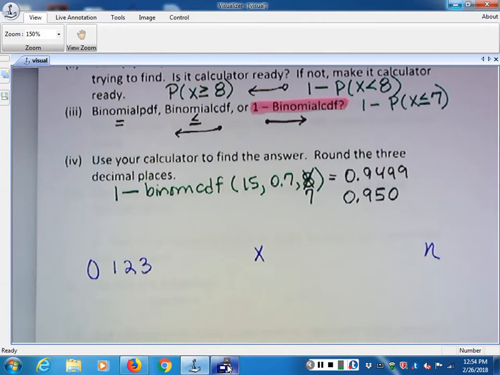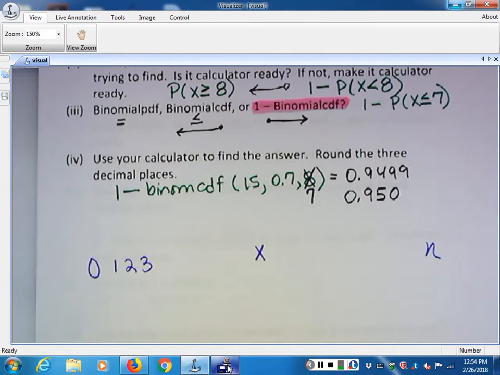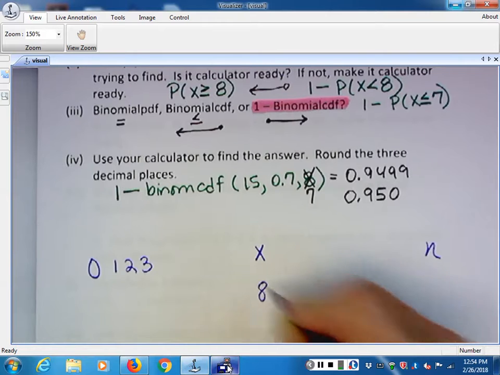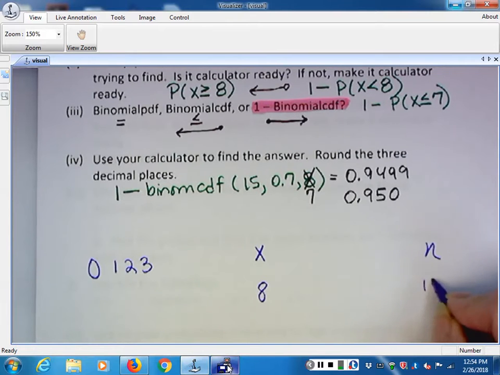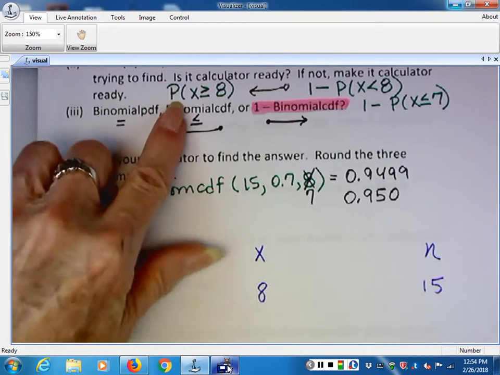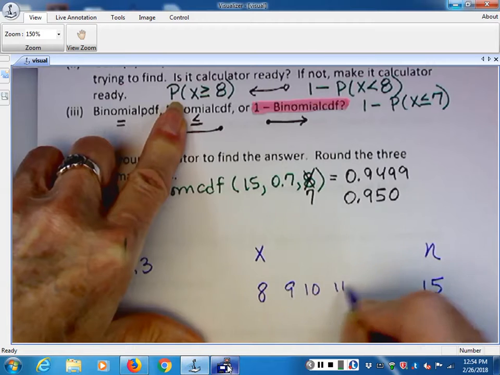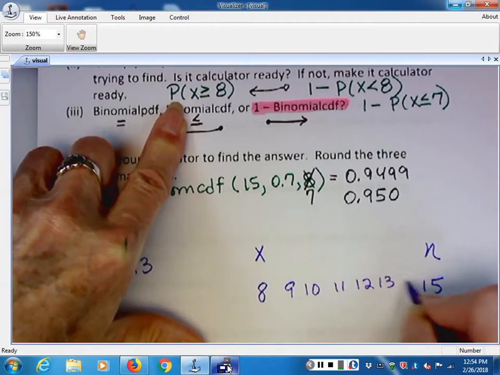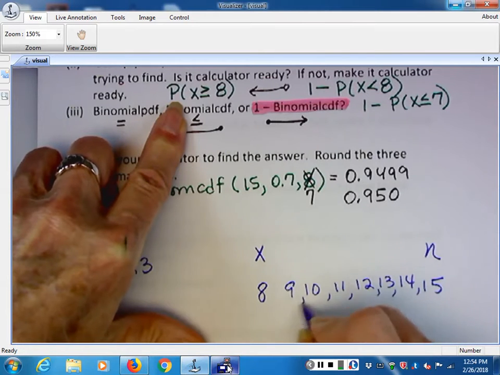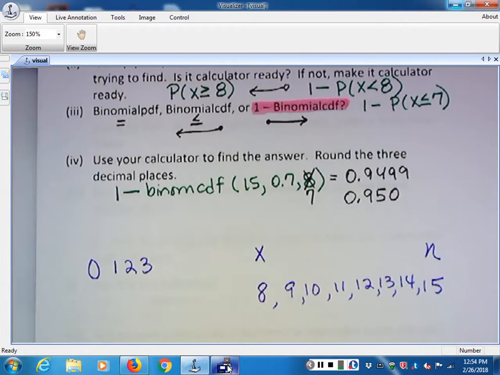In this situation, our x was 8, and n went up to 15. What we were looking for was that. Okay? That's what we wanted.